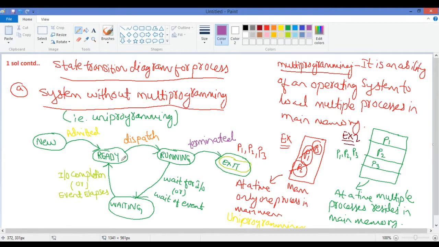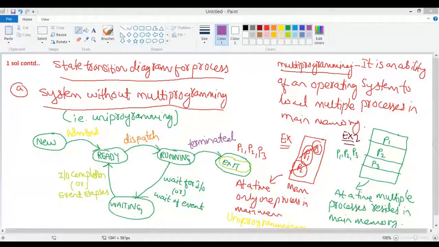Okay. So now I will just ask you one more question. In this diagram, is it possible? Let me just type the question. Multiple choice. Yes, all these we are talking about are only uni-programming.